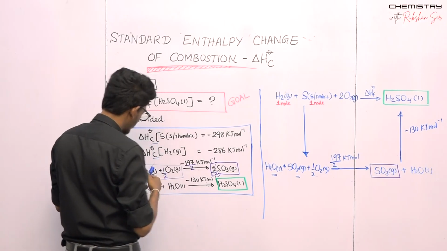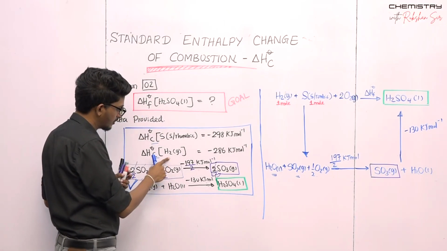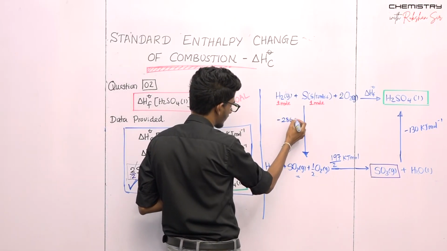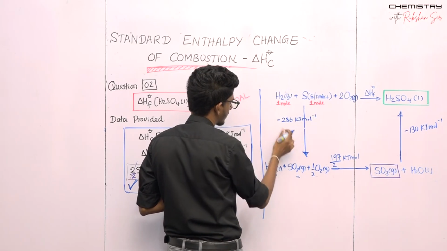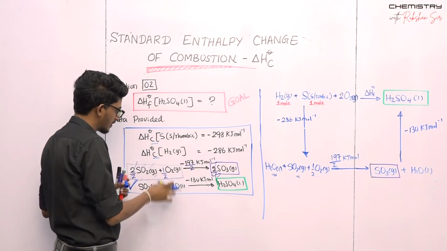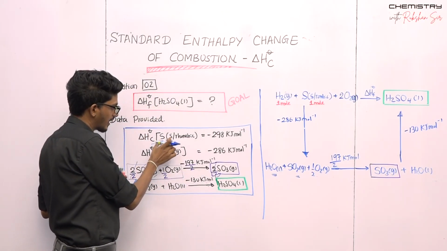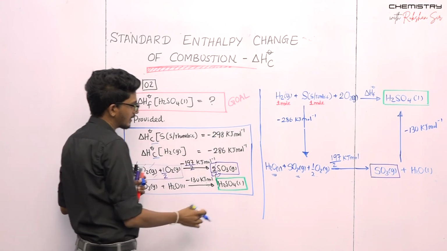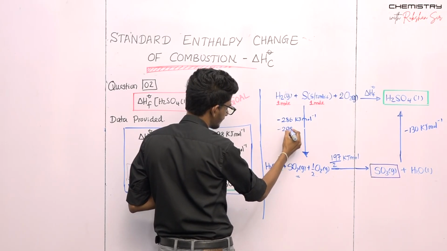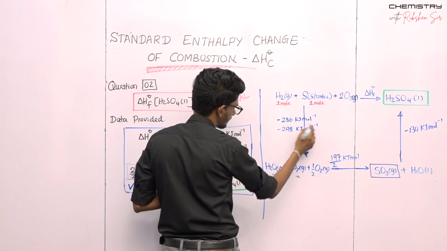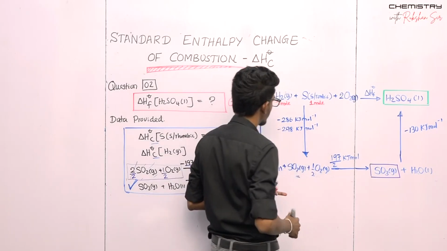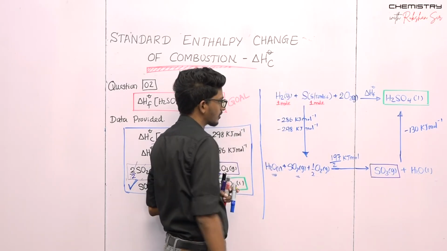So to combust 1 mole of H2 gas, you need minus 286 kilojoules per mole of energy to come up with the H2O liquid, and to combust 1 mole of sulfur to form the SO2 gas, you need minus 298 kilojoules per mole. By doing these two energy changes, or by doing this net energy change, you can completely convert these two to respective oxides.